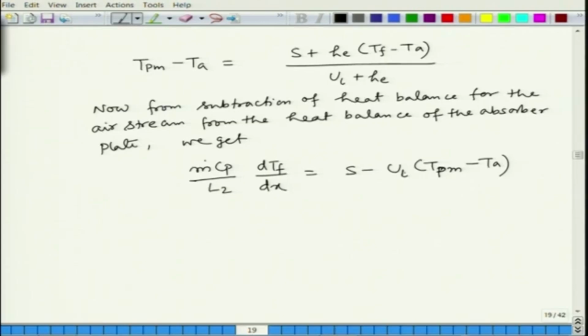Because this is exactly the same equation we have obtained for the liquid flat plate collector. And when we substitute this TPM minus TA here, what do we get?